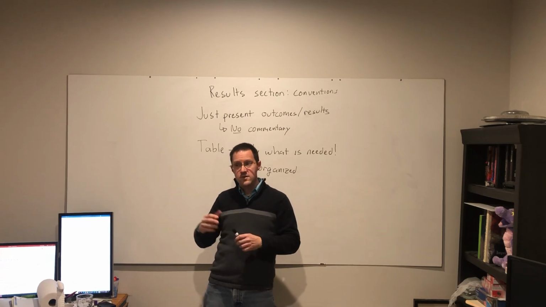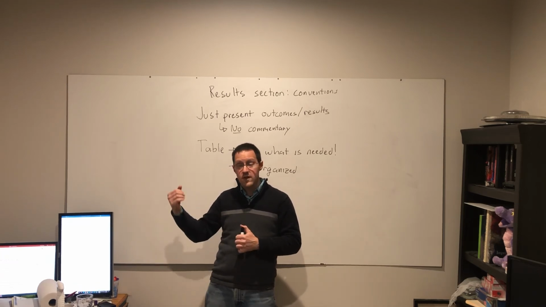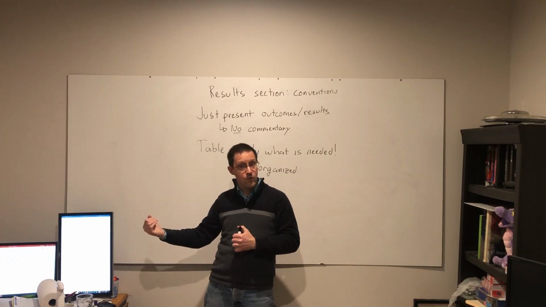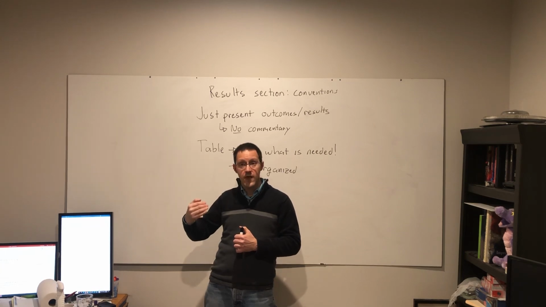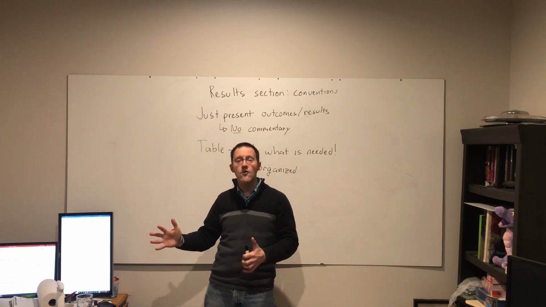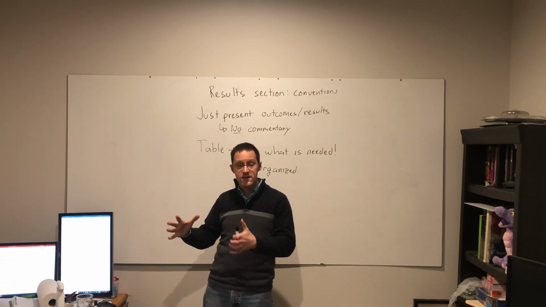It makes for a cleaner presentation, especially as we go forward in situations where we might have two or three or more different methods that we carry out, and then we discuss all of the results of everything at the end.